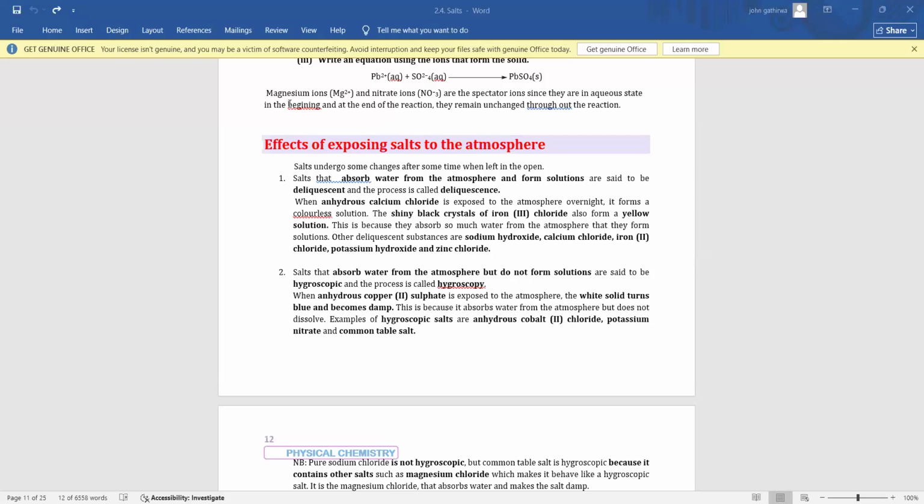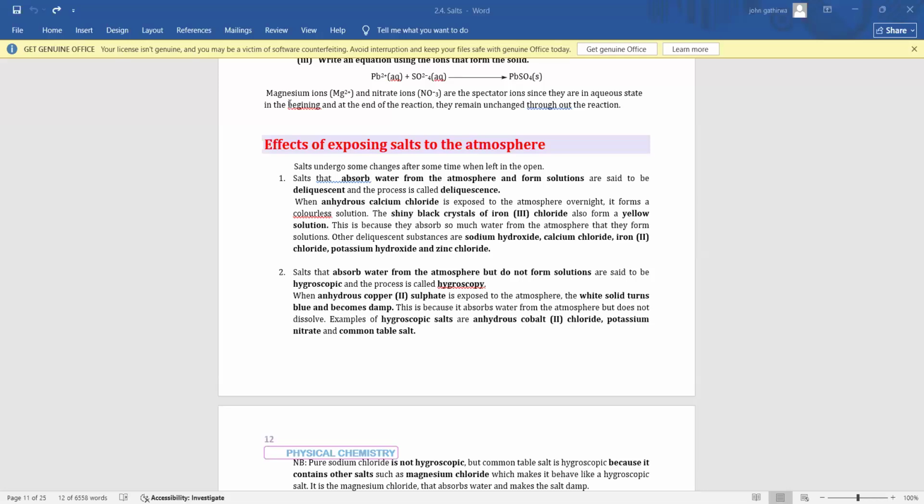Add sodium carbonate to the lead nitrate solution to obtain lead (II) carbonate. Filter out to obtain lead carbonate as residue.